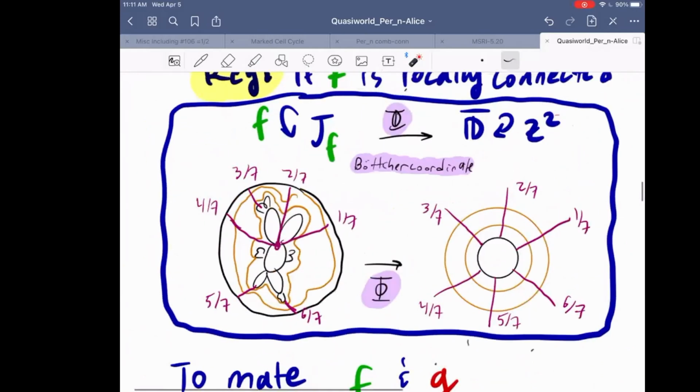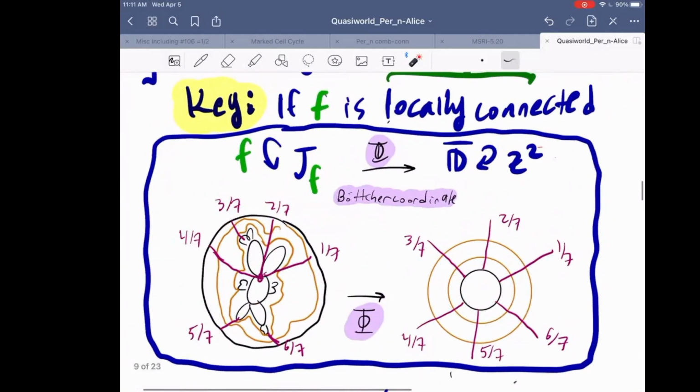Every polynomial that is locally connected, and if f is post-critically finite, like our maps are, then that satisfies this hypothesis, comes equipped with something called a Böttcher coordinate, which is a semi-conjugacy on the complement of the Julia set to the angle doubling map that extends to the actual Julia set. And this allows you to take radial lines and import them to land somewhere on the actual Julia set.